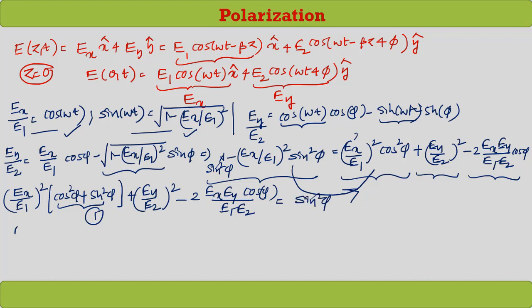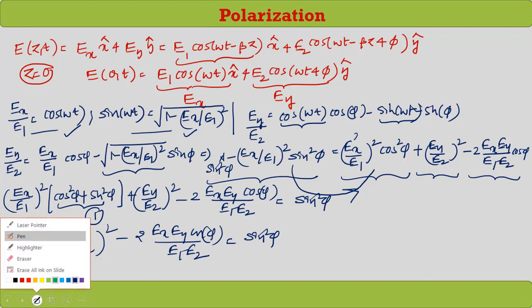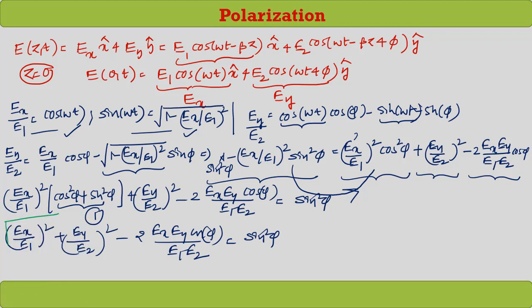Then the final equation will be Ex by E1 square plus Ey by E2 square minus 2 times of Ex Ey cos phi by E1 E2 is equal to sin square phi. So this is the equation required to be remembered, and from this equation only we are going to get several conclusions or types of polarization.